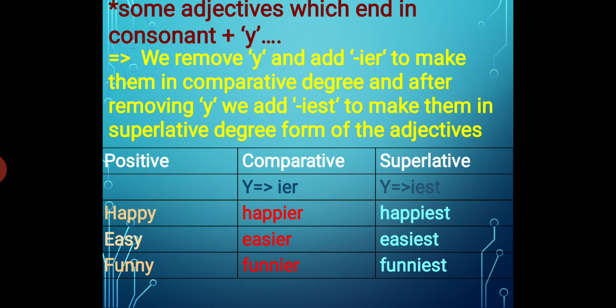Then we remove Y, add IER, and for the superlative form we remove Y and add IEST. Let's read again with me. Happy, happier, happiest, easy, easier, easiest, funny, funnier, funniest. This is the third rule to form the comparative degree and superlative degree of adjectives.